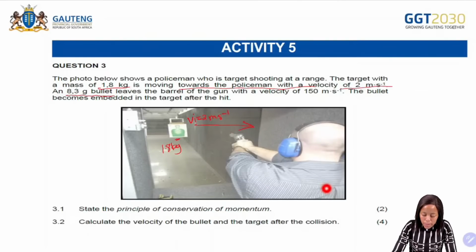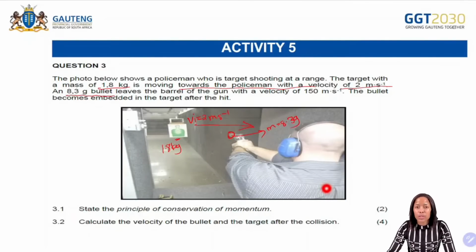So we have a bullet. The bullet is in the gun, and it has a mass of 8.3 grams and an initial velocity of 150 meters per second.